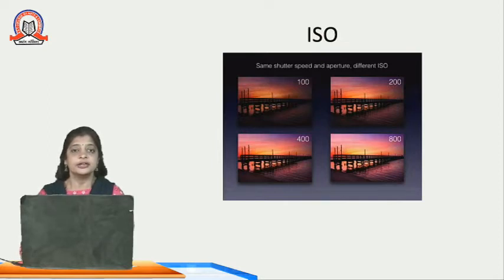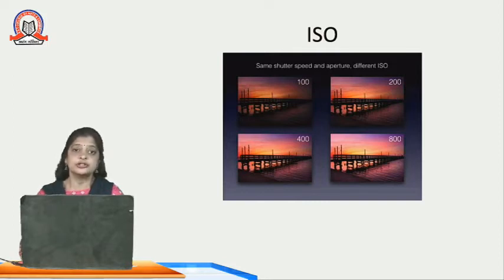Means, while we set the camera at 100 ISO, the camera is less sensitive to the light, and while we set the camera at 800 ISO, the camera is highly sensitive to the light.